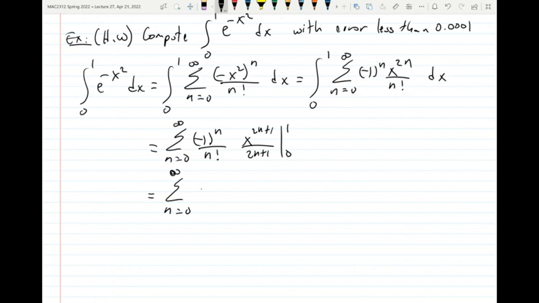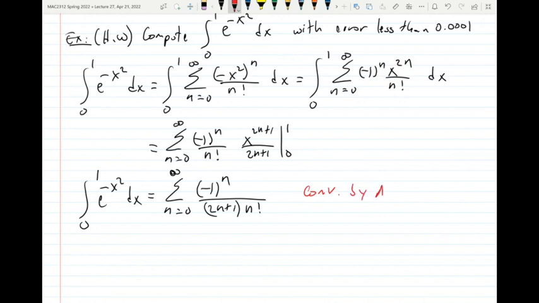When you plug in 1, you just get 1. So that's negative 1 to the n over 2n plus 1 times n factorial. Because when you plug in 0, you're going to get 0, because all these x's survive even when n is 0, because this is 2n plus 1. So the integral from 0 to 1 of e to the negative x squared dx equals this power series. Okay? We know that this converges by the alternating series test, right?